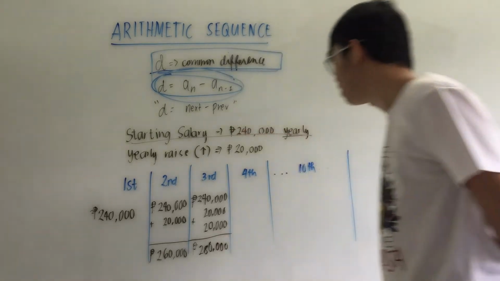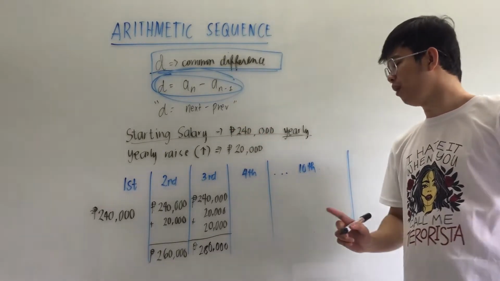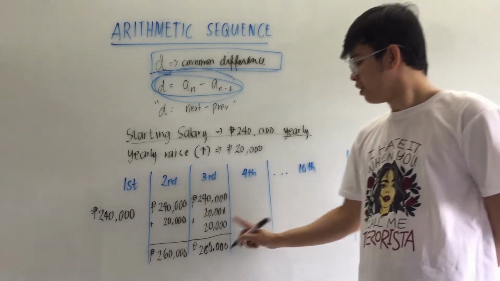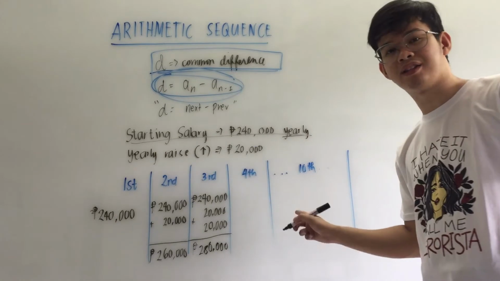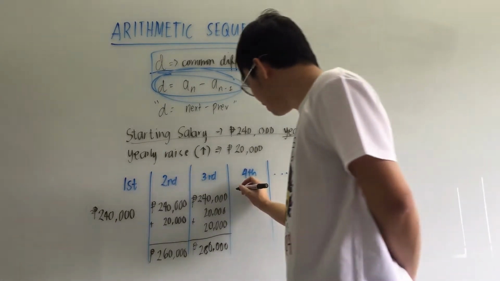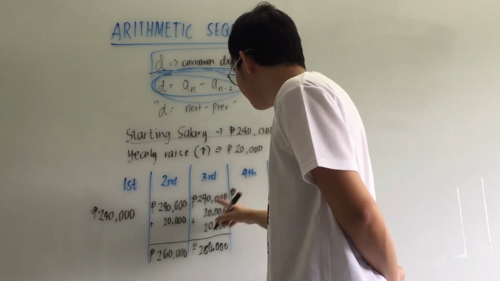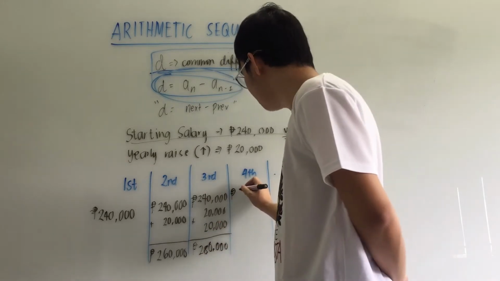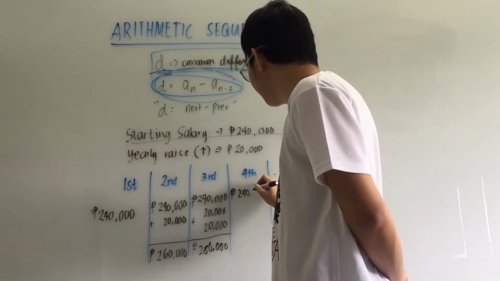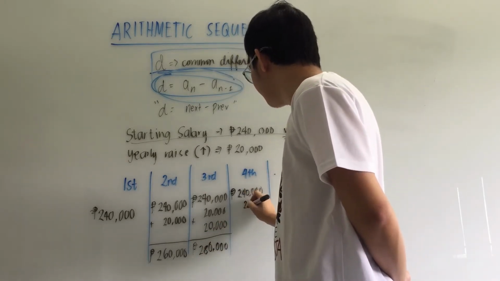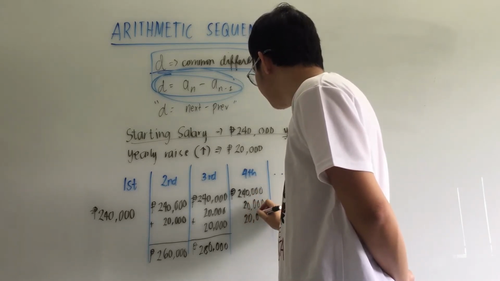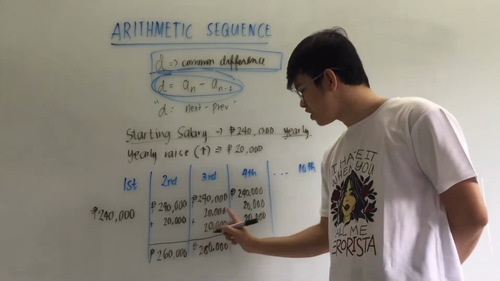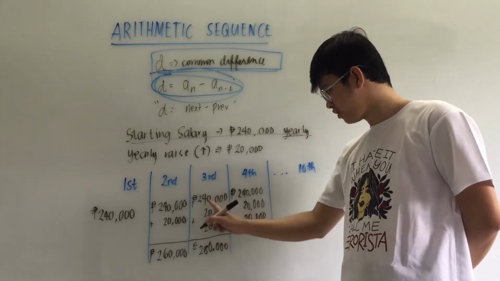So therefore, this becomes 280,000 pesos. And then of course for the fourth year, his 280,000 pesos for the third year will be added an additional 20,000 pesos. So let me write it this way also: 240,000 plus 20,000 plus 20,000, because this is the previous salary, the same thing.